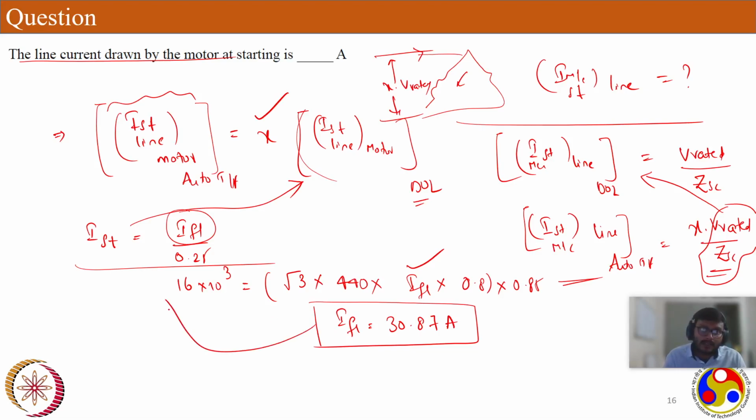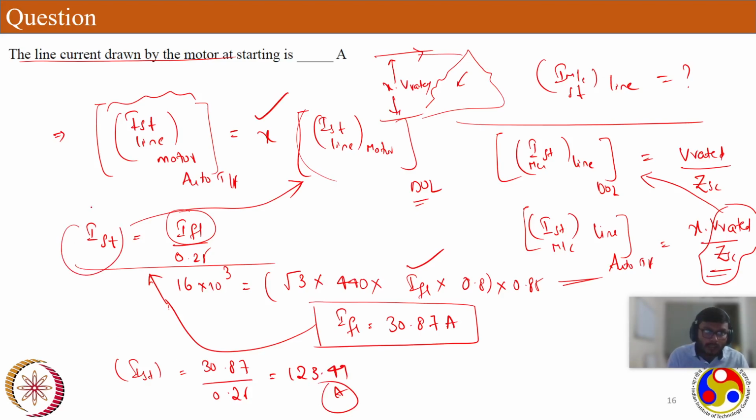Now from this, please calculate the starting current. Now I starting current is equal to 30.87 divided by 0.25. How much is this? 123.49 amps. Okay, now we got this one.